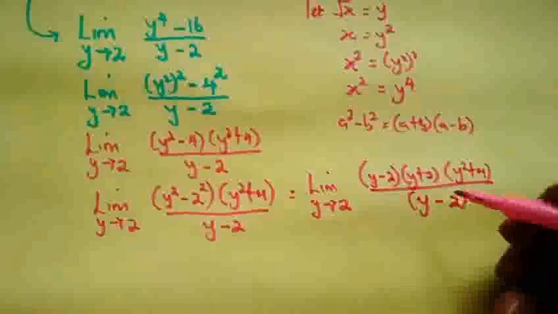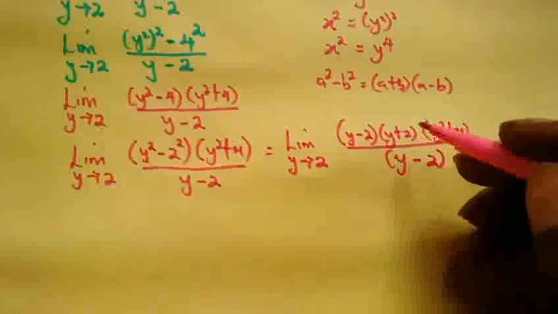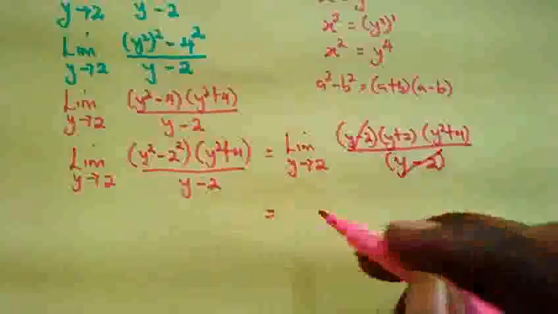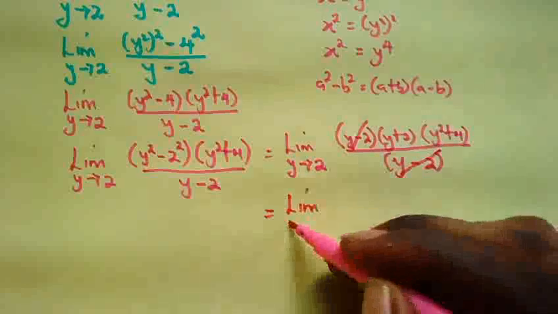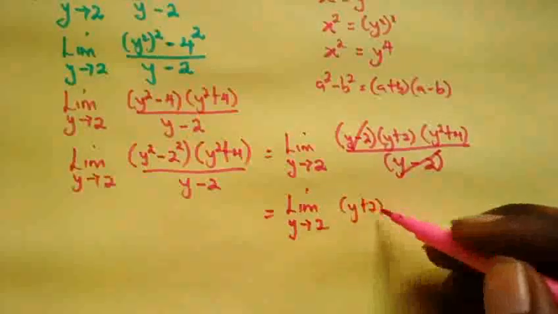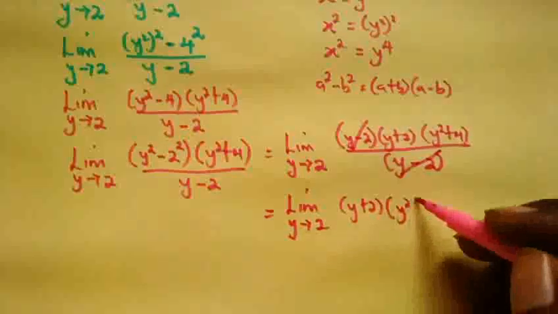Let's just put this in brackets so we can easily cancel out y minus 2 from up and y minus 2 from down. So our limit is the same as limit as y is approaching 2 of y plus 2 times y squared plus 4.